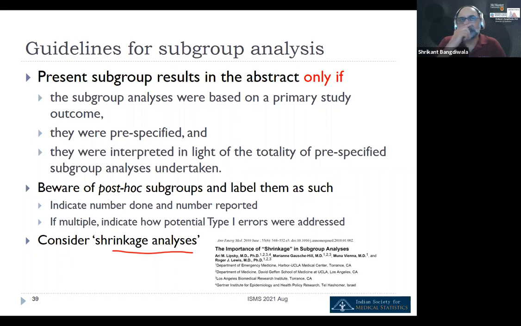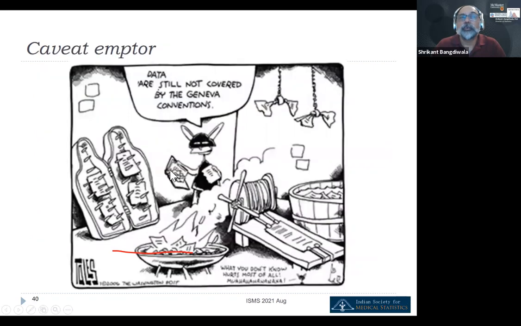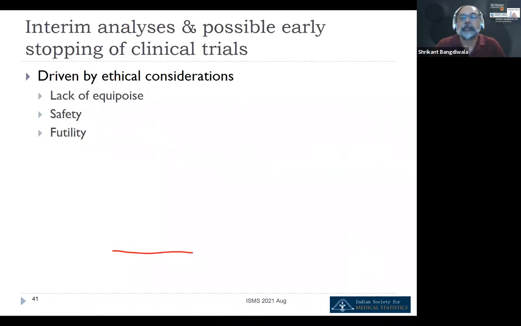Nowadays, people are doing shrinkage analysis, which is a Bayesian technique to sort of draw information from the overall effect to look at the subgroup effects. And that's something that is important to consider as well. But whenever you see subgroup analysis, beware as the user. I sometimes think that people do the subgroup analysis to torture the data so it confesses to something that they're interested in finding, an effect in a particular subgroup.